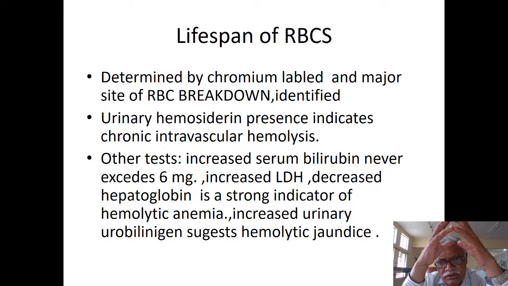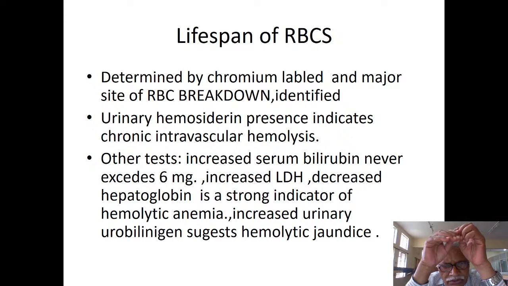Then other tests you can do. Increased serum bilirubin usually will never exceed 4 to 6 milligrams in autoimmune hemolytic anemia. LDH is also increased.